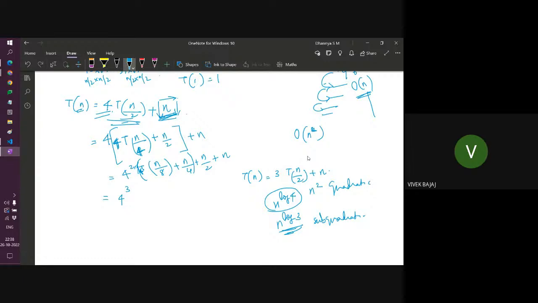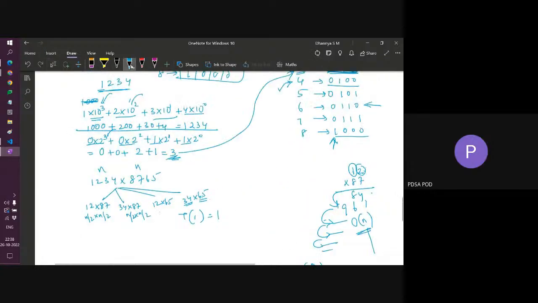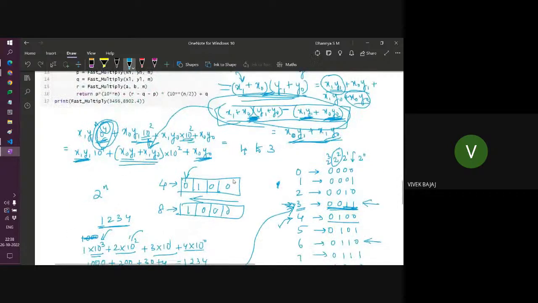I have one doubt, ma'am. Yeah. The first step I've understood, but if you scroll up, there is a recursion which is happening in the code. Above this, here. So the first I've understood, this x1 plus x0 times y1 plus y0.